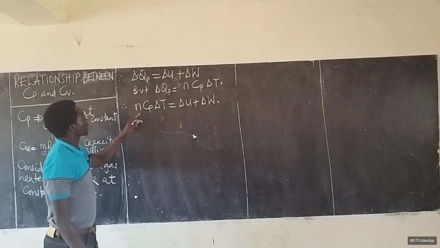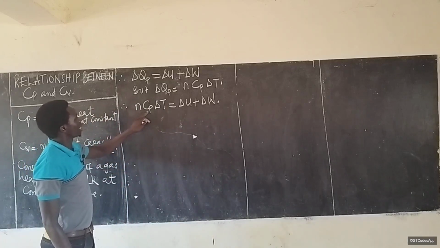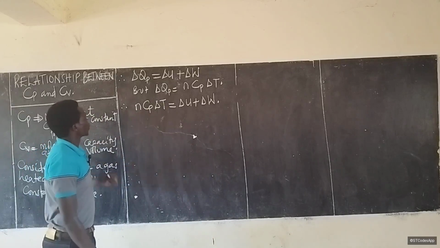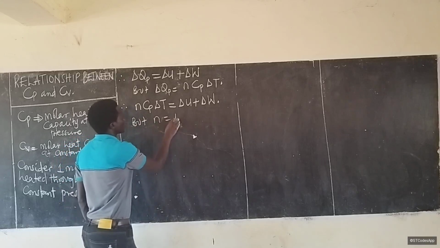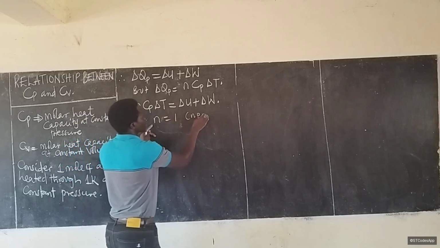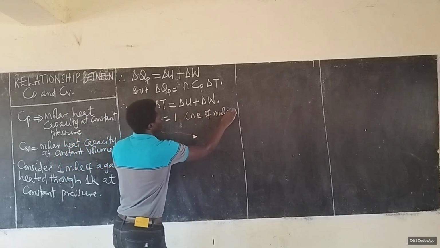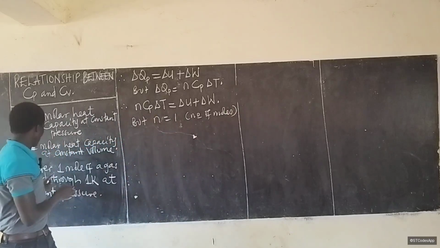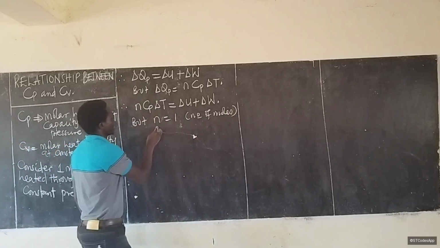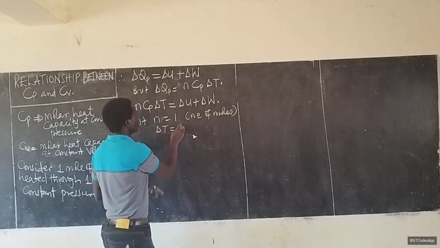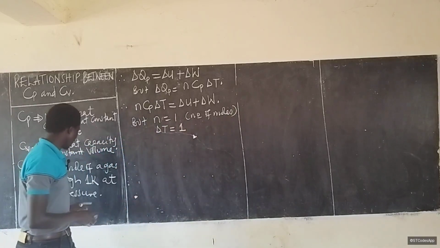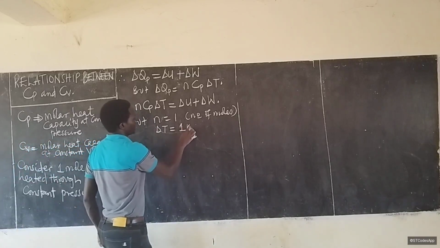But of course, we know that n is 1, this is the number of moles. The number of moles is 1, that's why we say 1 mole of a gas. Then change in T is also equal to 1, because we are raising through 1 Kelvin.